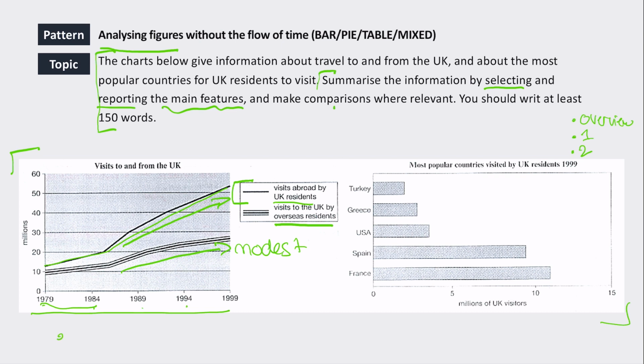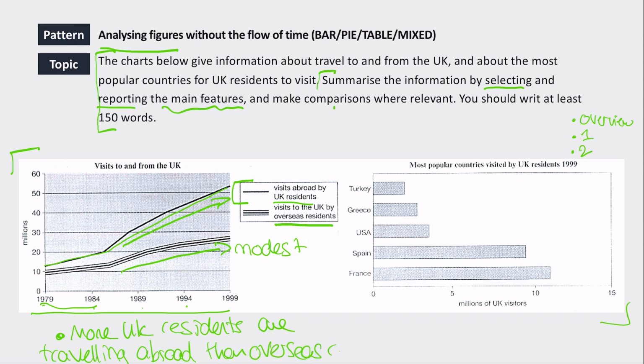The first thing I think is that overall, more UK residents are travelling abroad than overseas residents coming to the UK. Throughout the whole period the bottom line is less than the top line, and the top line increases more significantly than the bottom line. So that's the main thing I'm thinking of.